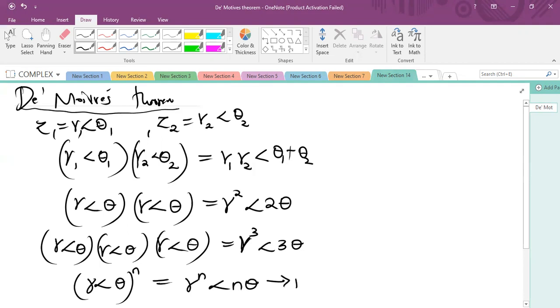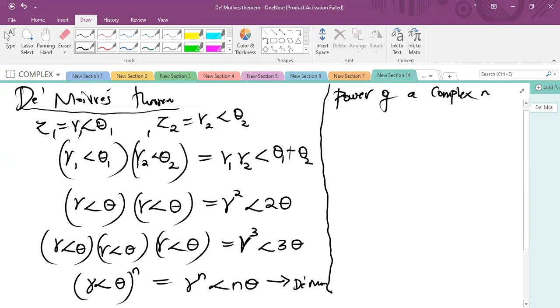And this is the De Moivre's theorem. So if you're told to evaluate the power of a complex number in polar, you just follow De Moivre's theorem.